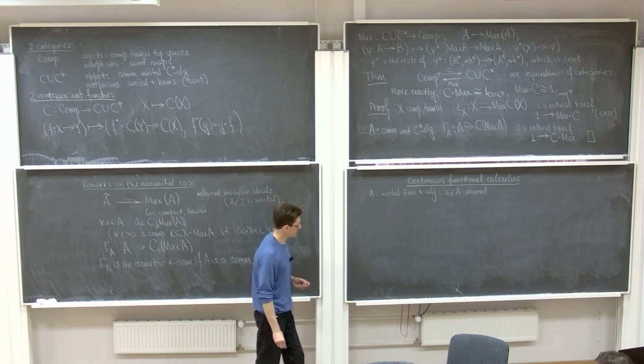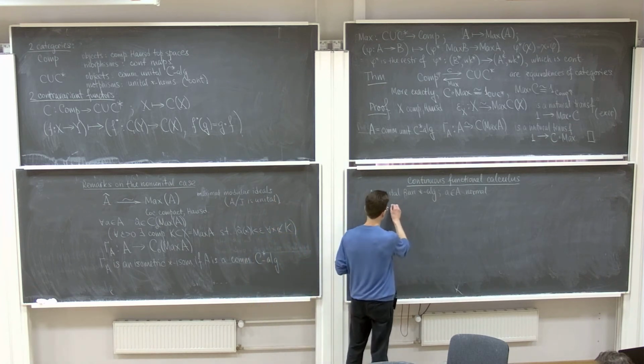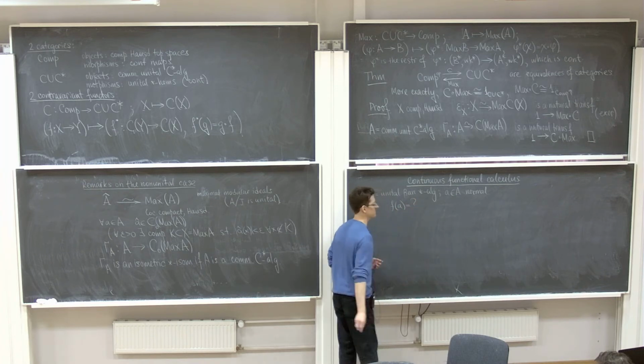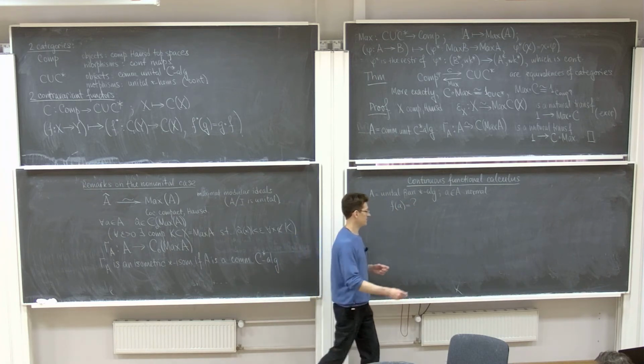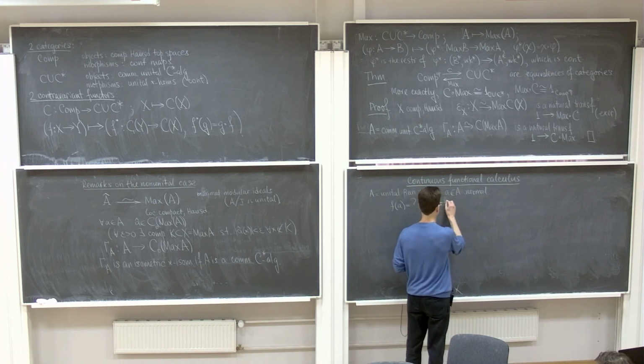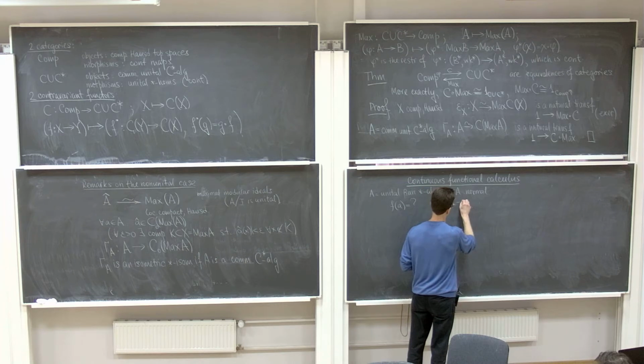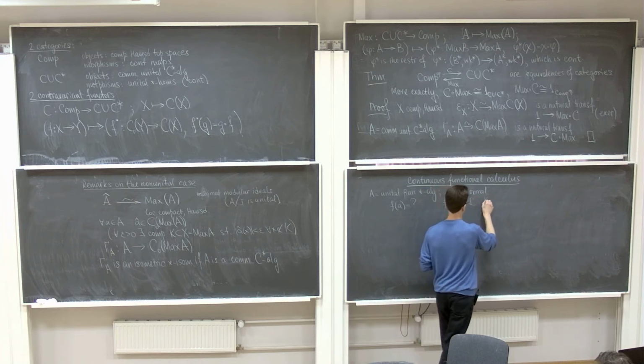Roughly, our goal will be to give a precise meaning to the expression f of a, where f is a complex-valued continuous function defined on a suitable compact subset K of the complex plane.